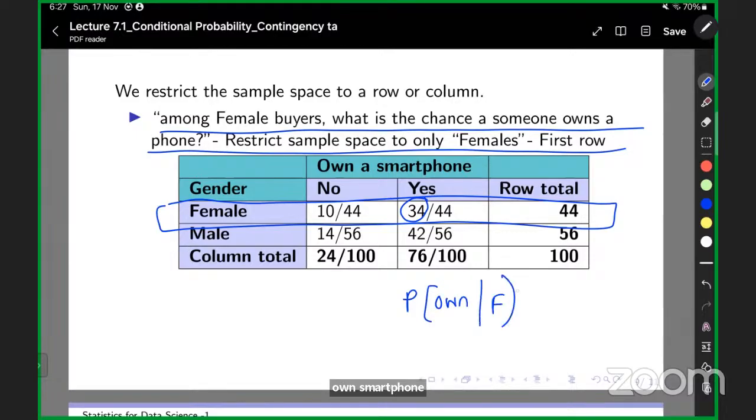Given that the person selected is female, does that person own a smartphone? So this is how you will write it: let's say 44 is the total and 34 is the favorable outcome.